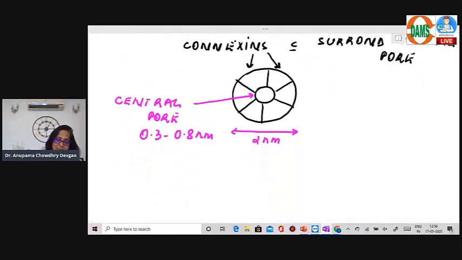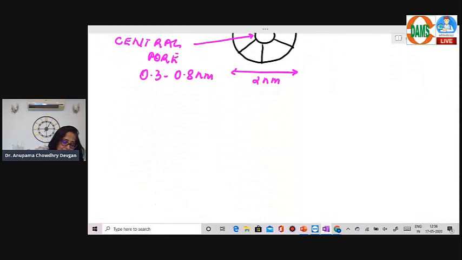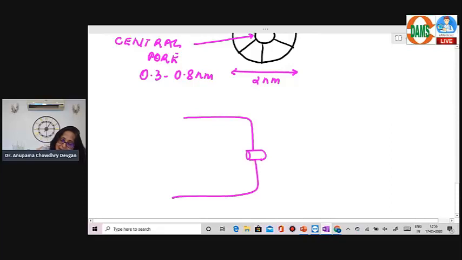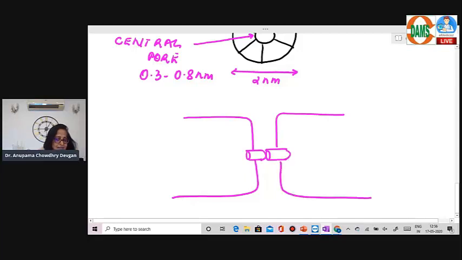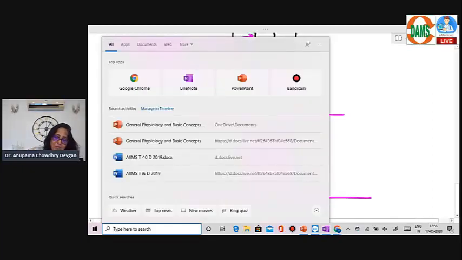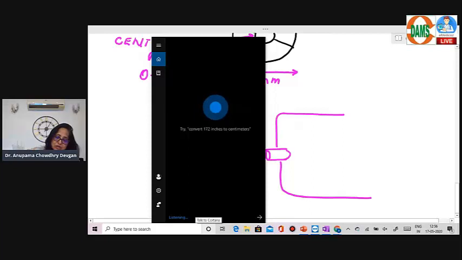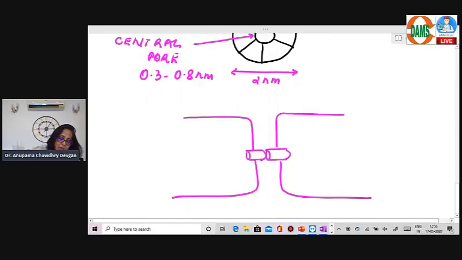The connexon of one cell is aligned with the connexon of a neighboring cell. So these connexons now form a gap junction, in line with each other.